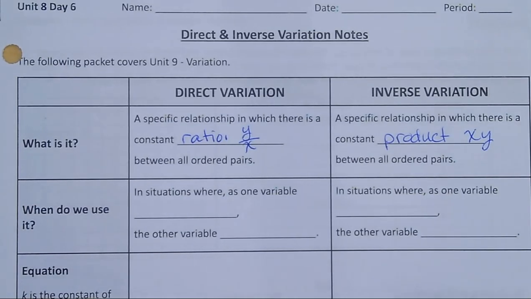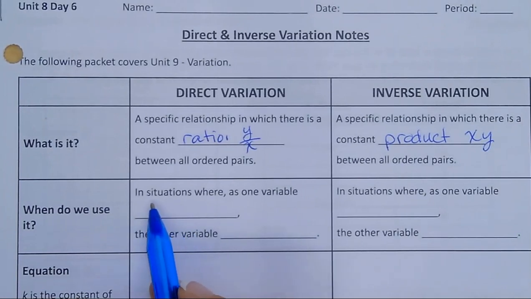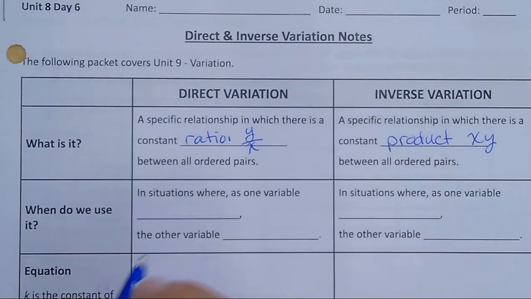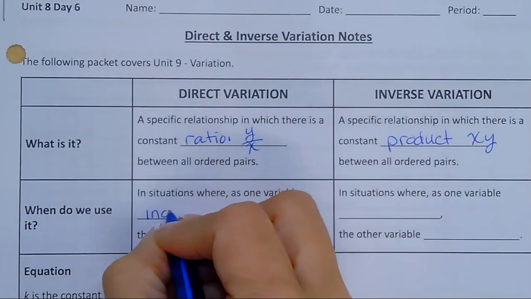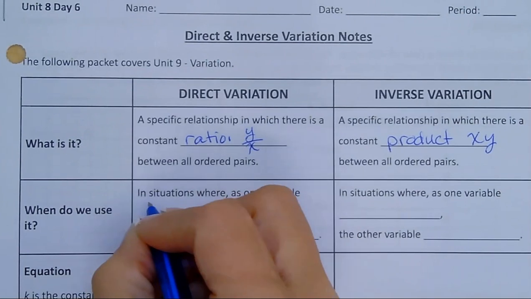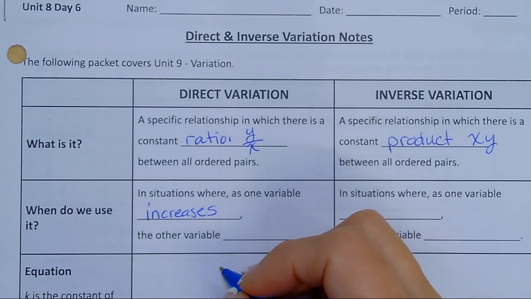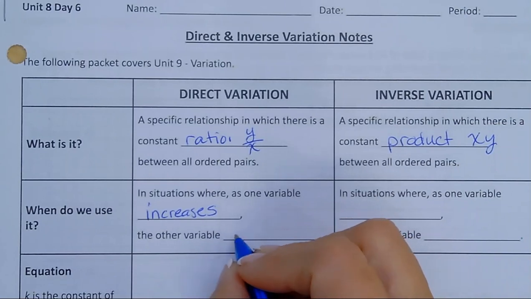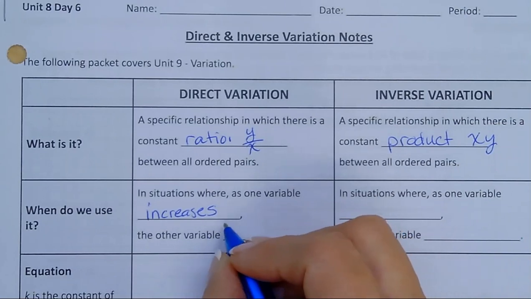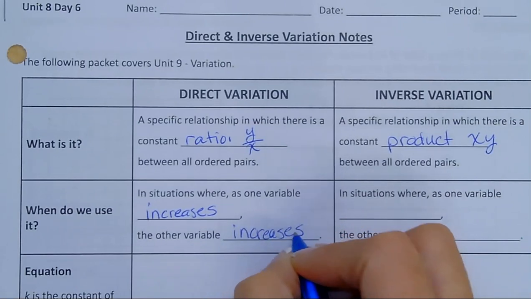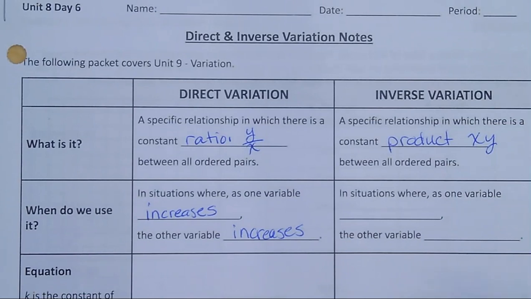And when we use these variations, we might use direct variation in situations where as one variable increases, the other also increases. And we're going to have a way to predict what the second variable will be as we increase one variable. So as one increases, so does the other, and we'll be able to look at ratios to see how much.